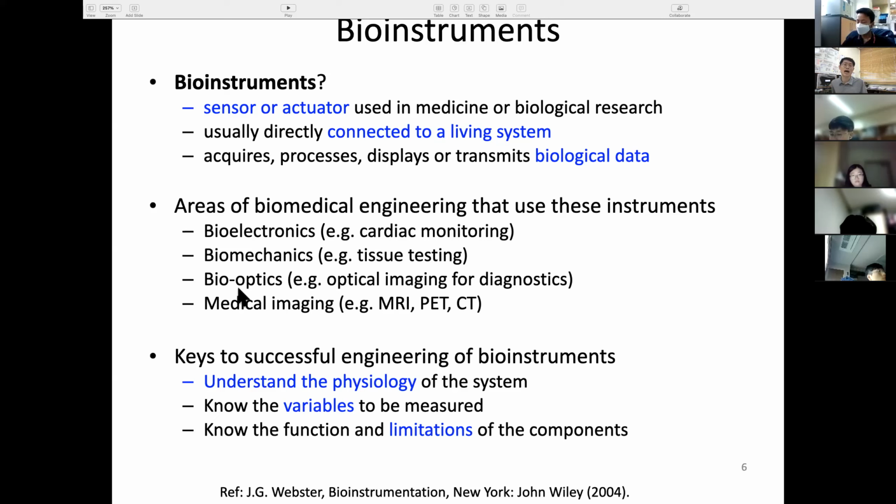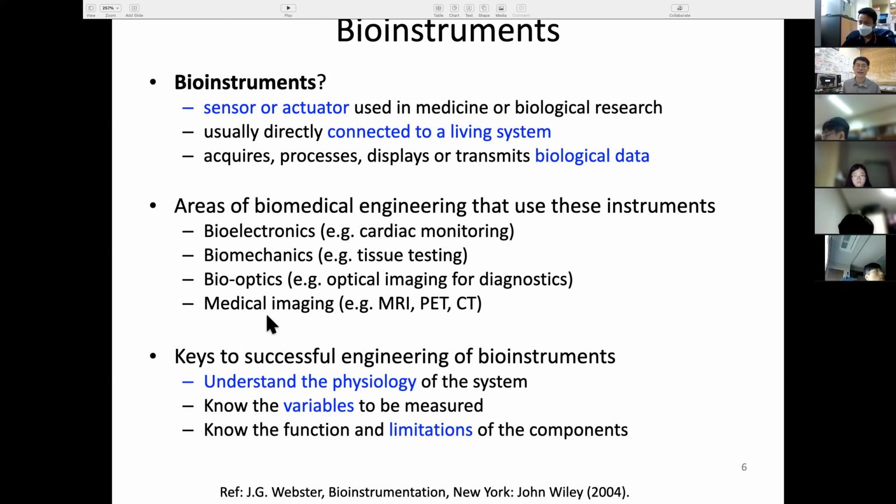We can use optics usually for imaging, assessing, and analyzing the information in biological tissue, for example, optical imaging for diagnostics. One good example would be endoscopy. We can use optics to visualize our internal body parts, which can reveal the presence of disease or be used for screening for disease.